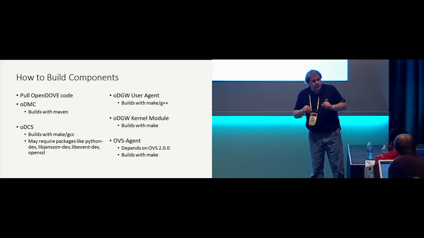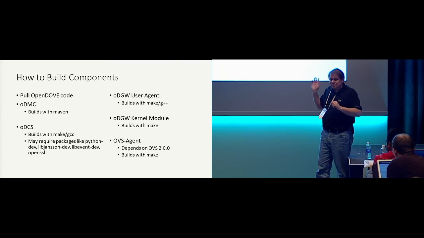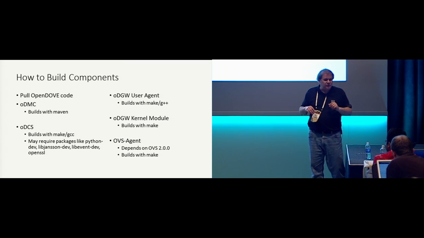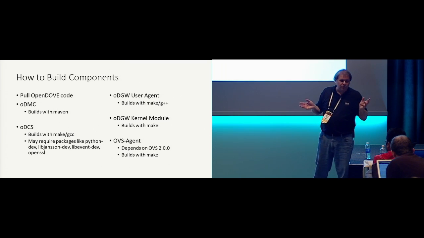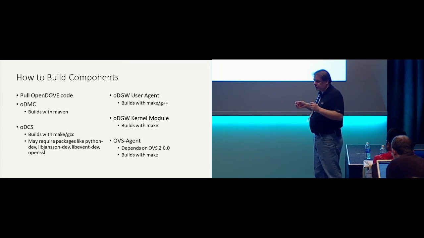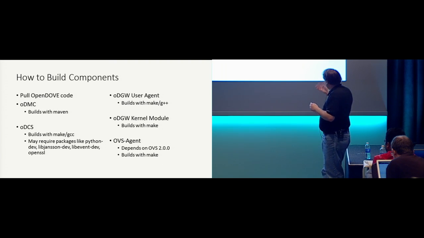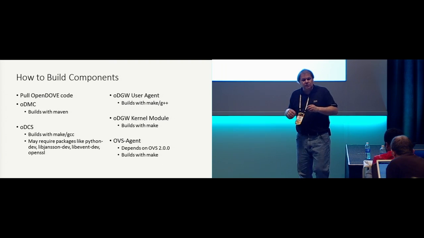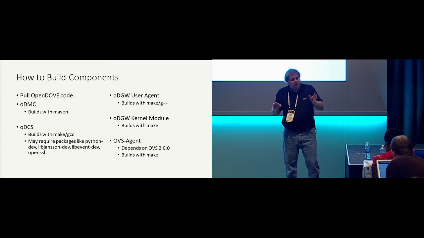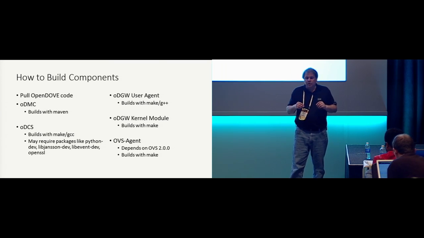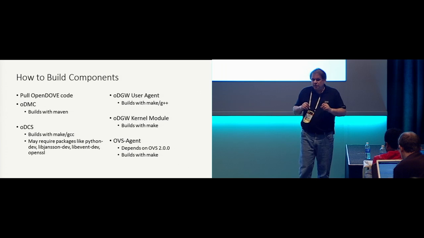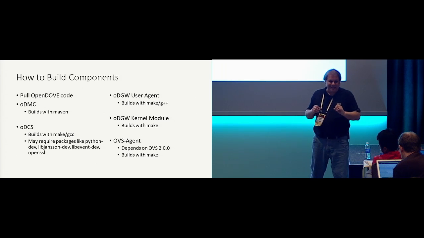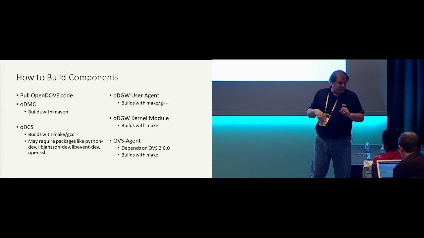The gateway user agent is a C++ beast. The kernel module, when we release it, is just your basic make because it's basic C code. The OVS agent depends on having Open vSwitch 2.0.0. Earlier versions won't work. I am told they don't have what we need. It also builds with make.